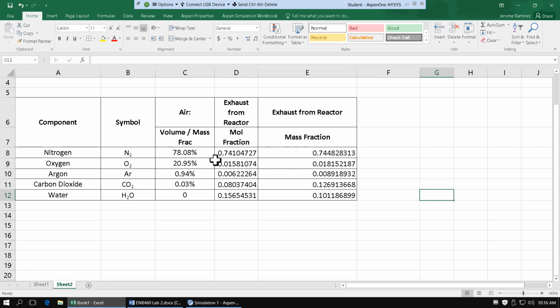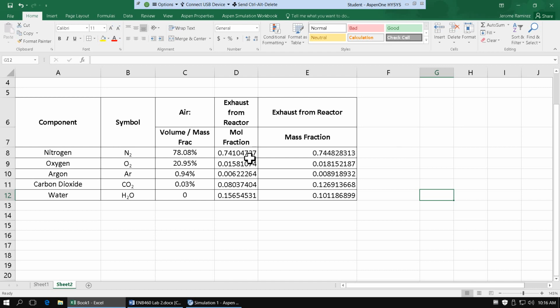They're quite similar. They're very similar for nitrogen, 0.74, 0.75 mass fraction. But for smaller things like oxygen or even carbon dioxide, the differences are bigger. So this allows us to be more careful when we're using composition specifications.